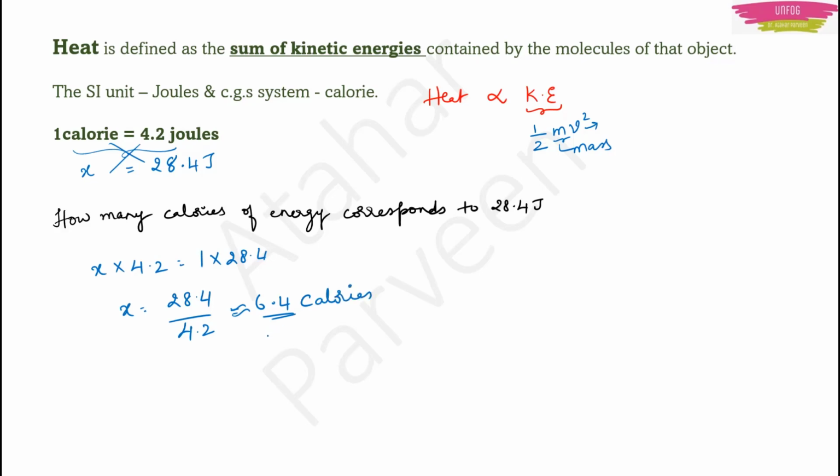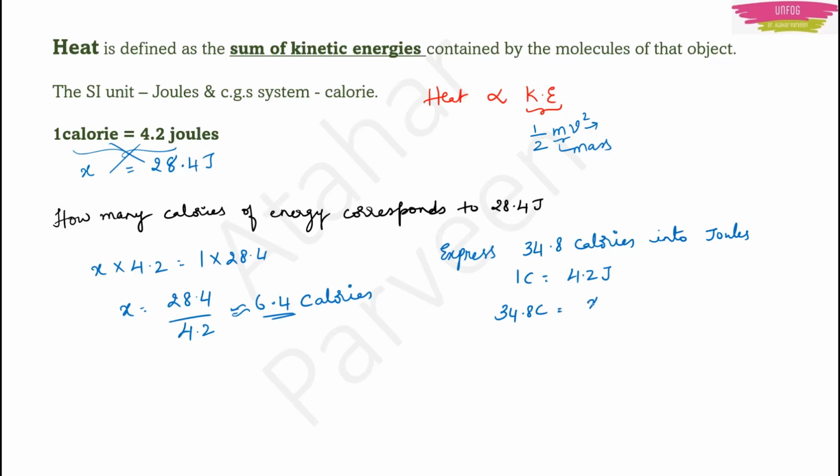Or in another way also, they can ask you like this: express 34.8 calories into joules. In this case, what do you do? You know that 1 calorie is equal to 4.2 joules, right? Now they have given you 34.8 calories.